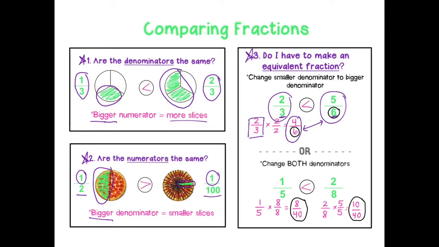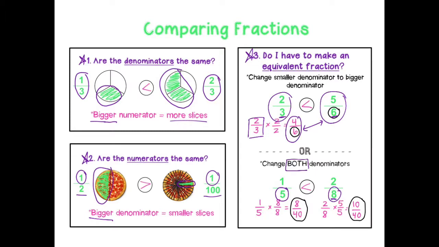Sometimes you can't change the smaller denominator into the bigger denominator, so we have to change both denominators. And this is a little more work. If I have 1/5 and 2/8, 5 times something isn't going to get me to 8, because 5 times 2 is 10, and that's already over. So I'm going to have to change both my denominators. For 1/5, I'm going to multiply by 8/8, which is the other denominator, and I get 8/40.